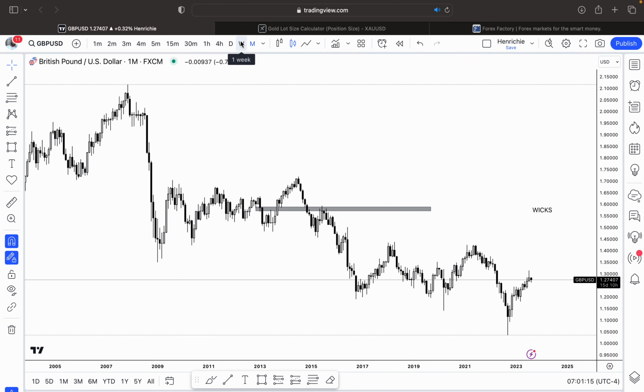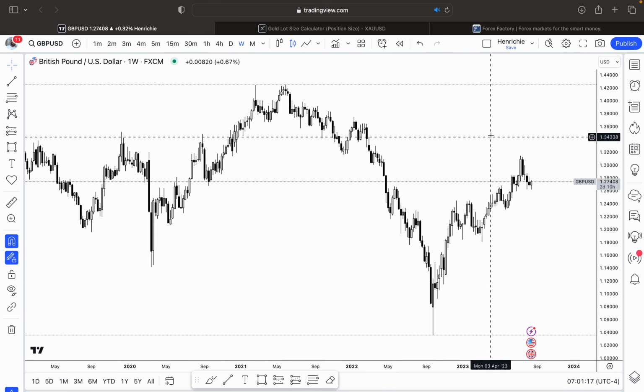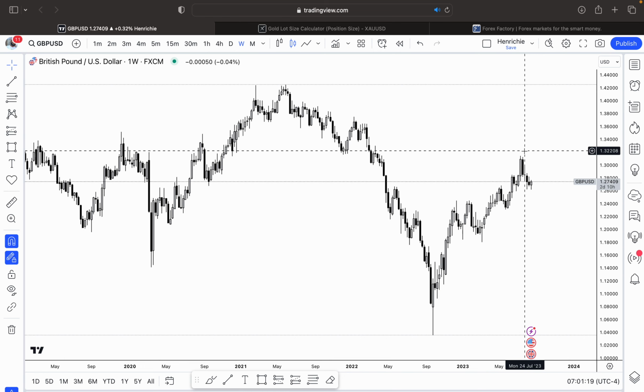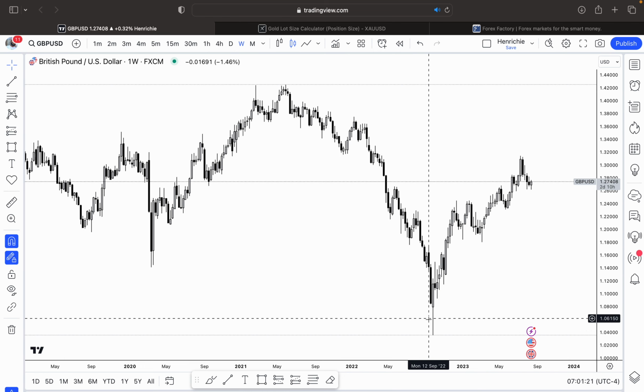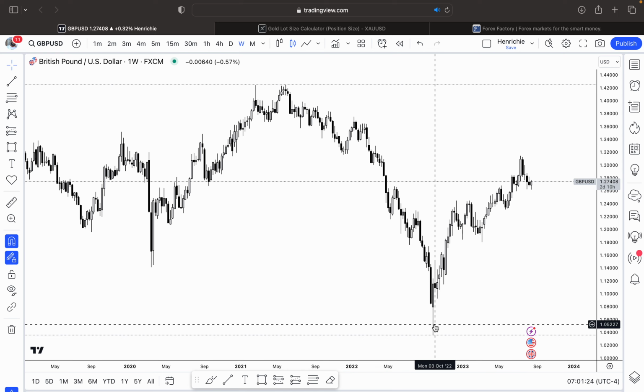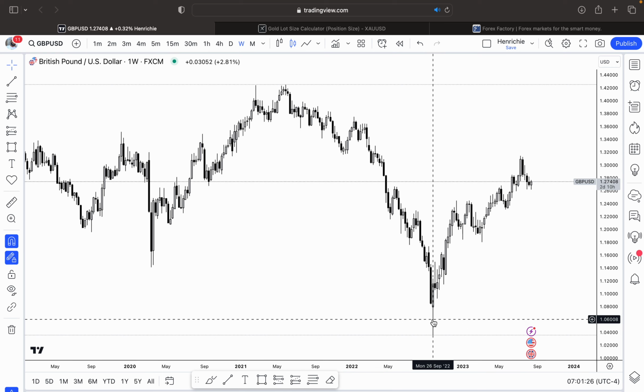And now if I go to the weekly time frame, every candle here is a weekly candle. As you can see, this candle, 26 September. So the next candle is going to be 1 week. And we go 3rd October, the next one, 1 week. 10th October, the next one is going to be 1 week.